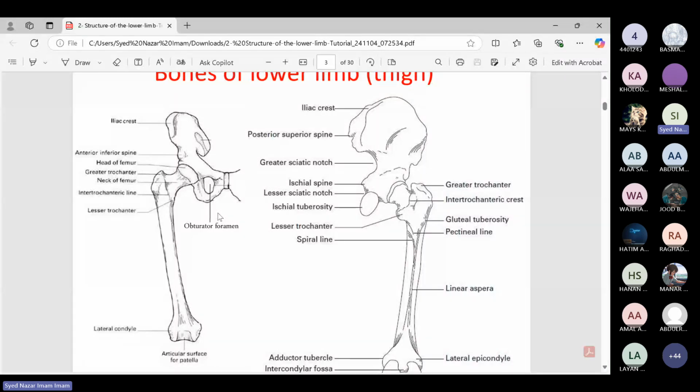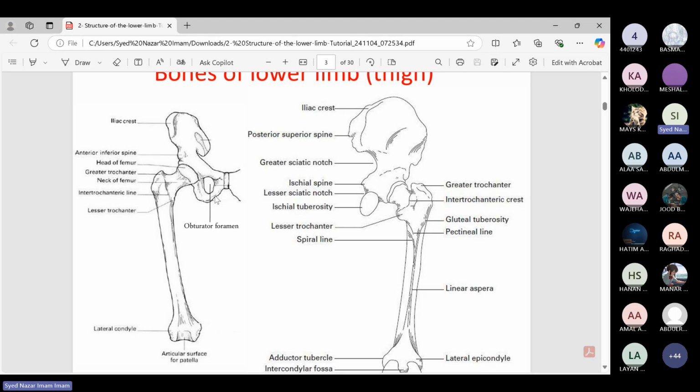Now, for that purpose, we can divide this bone into three different components. The medial component of this bone is the pubis. Now you can see this bone is in anatomical position, and in this anatomical position, it has three different parts. So this is the medial part. What is the medial part? The pubis. The most medial part of this bone is the pubis with the superior and inferior ramus.